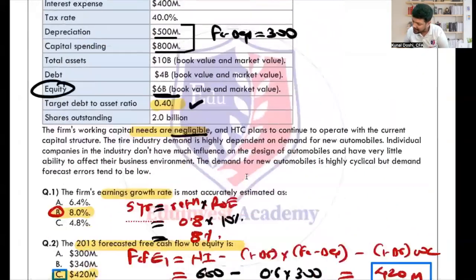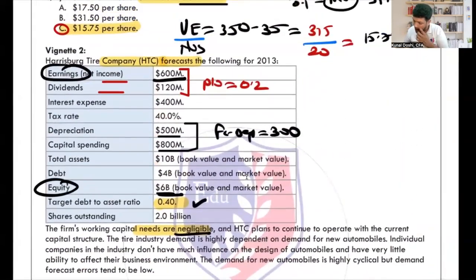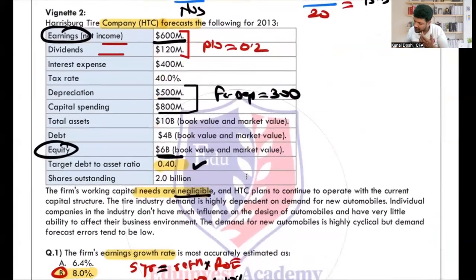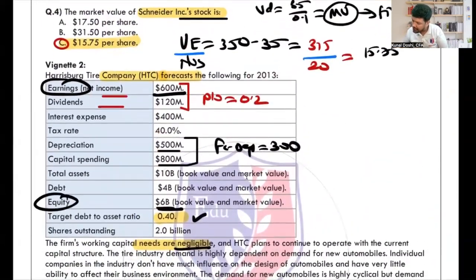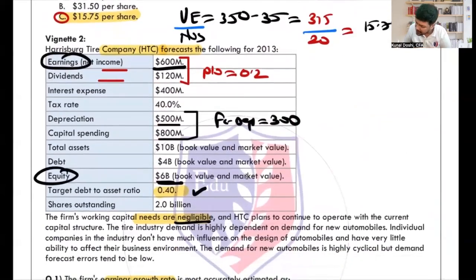Cost of debt, I'm going to calculate WACC. So my cost of debt. Do I have information related to debt? Yes, tax rate I have, correct. Interest expense I have is 400 million and the debt is 4 billion. That will give me my cost of debt, isn't it?